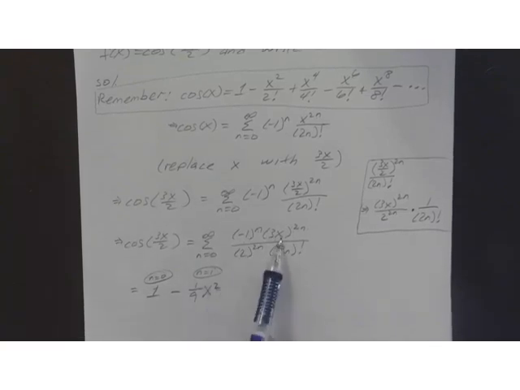Because we have negative 9x squared over 2 to the power of 2, so that's 4, times 2 factorial, which is 2. So we have 8, so that gives us 9 over 8 x squared. There we go. I was thinking of n is equal to 2.